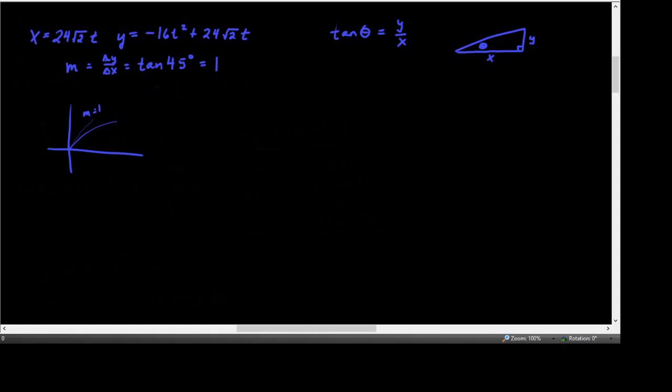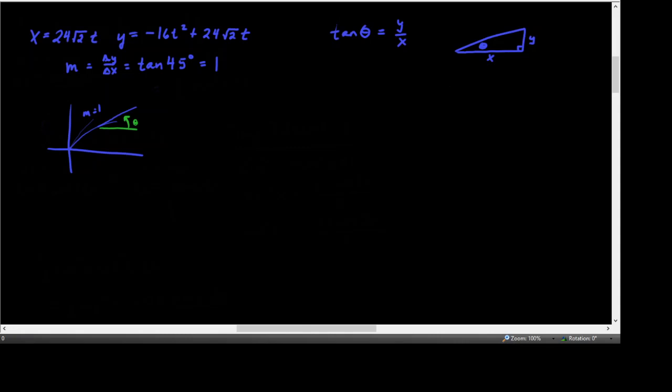But at a later point in time, let's say right here, the tangent line slope is going to take on a different value, and that will depend on the angle made with the horizontal of the tangent line at that point. And so to find the slope at some other time t, we won't be able to find that angle necessarily.